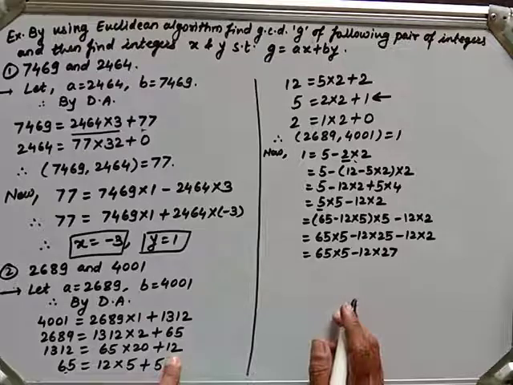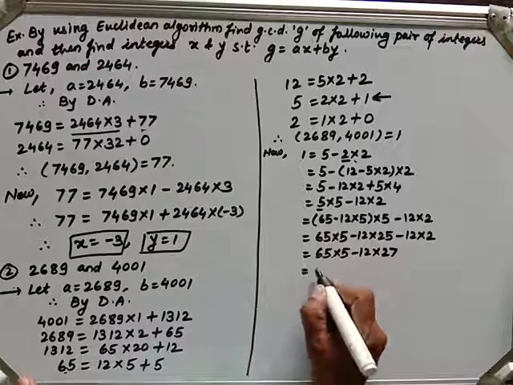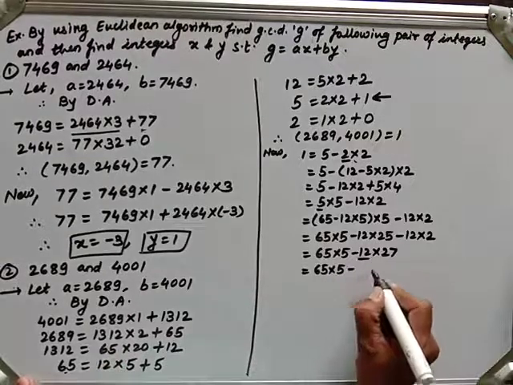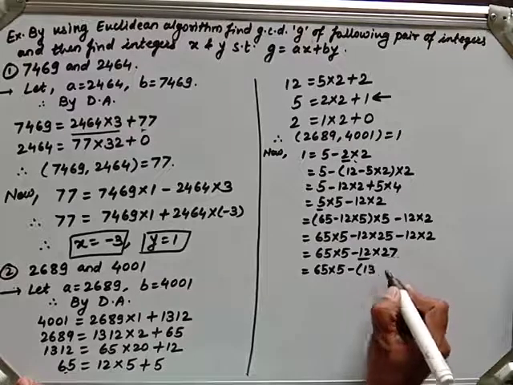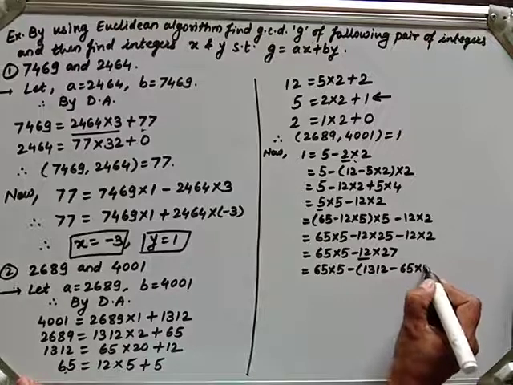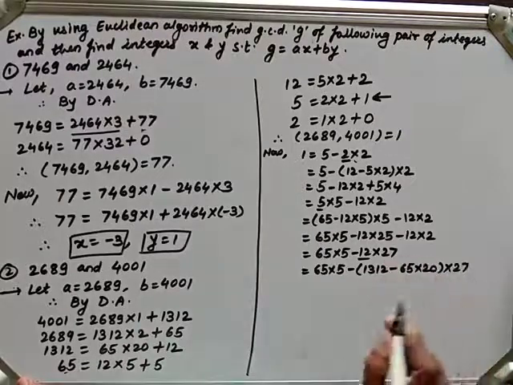Now put up the value of 12. What is 12? 1312 minus 65 into 20. So this 65 into 5 as it is. Now 12 will be substituted as 1312 minus 65 into 20, and this multiplied by 27 as it is.